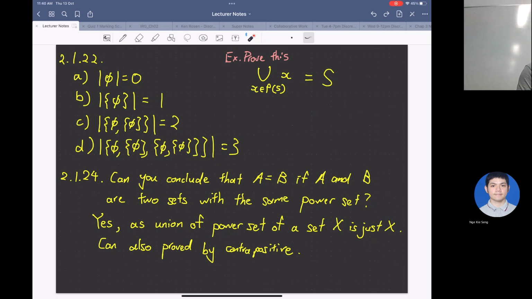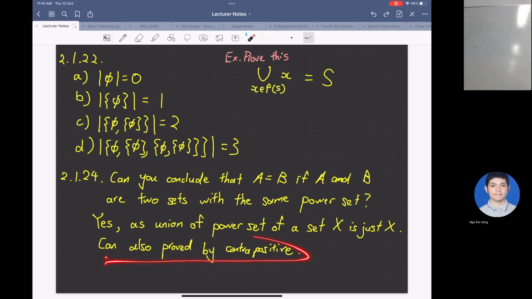So if you take the union of the power set, it's actually just the set itself. So you retain the set. This is what I wrote here. You take all the sets in your power set, remember the example I gave just now, and then you take the union of all of them, then you get all the elements back.